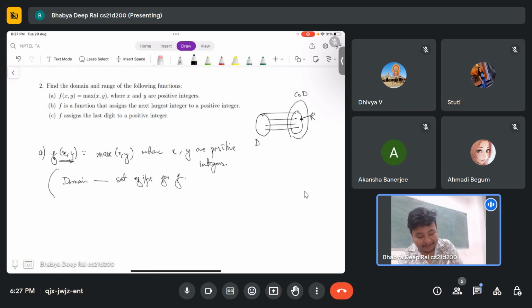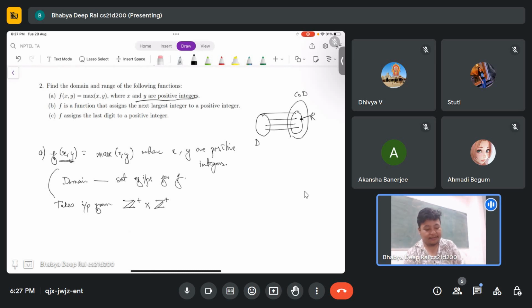It takes input from a Cartesian product of two things, and x and y are positive integers. So it takes input from positive integers cross positive integers.